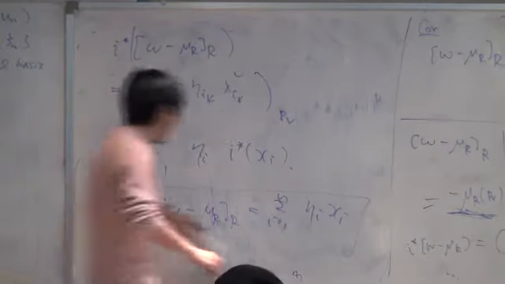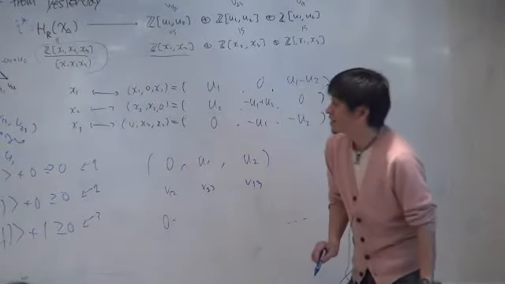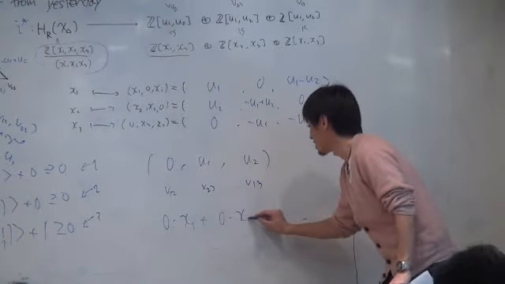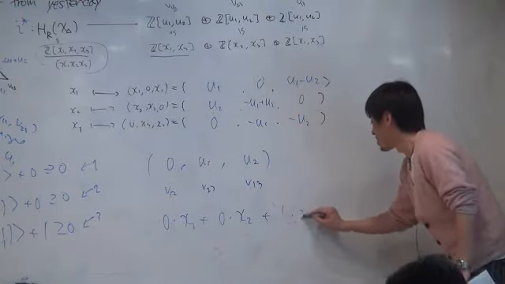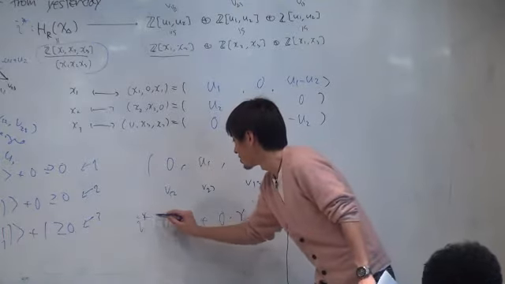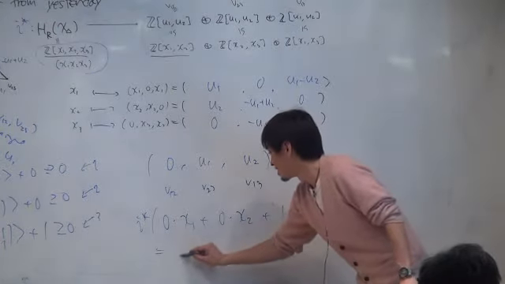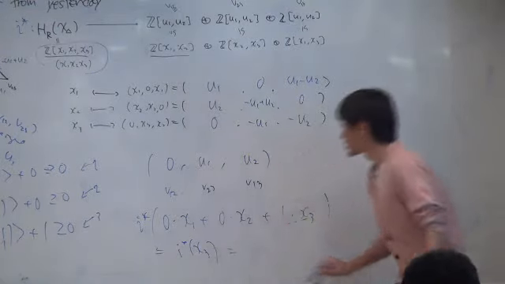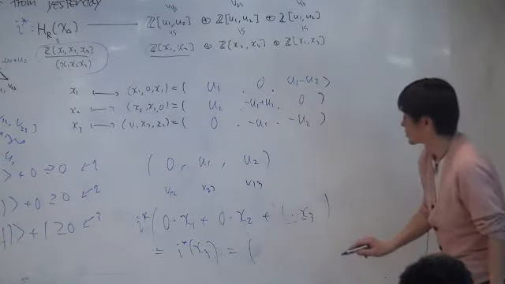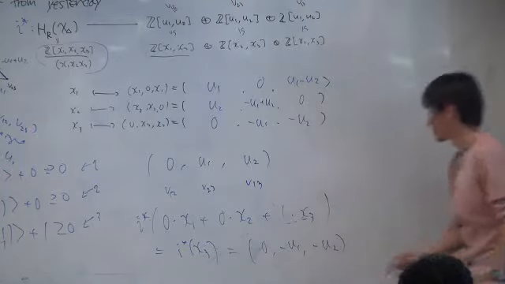And let's see, I think I can check. So 0 times x1, plus 0 times x2, plus 1 times x3. Where does this go? x1 is gone, x2 is gone, x3 is 0 minus u1 minus u2.